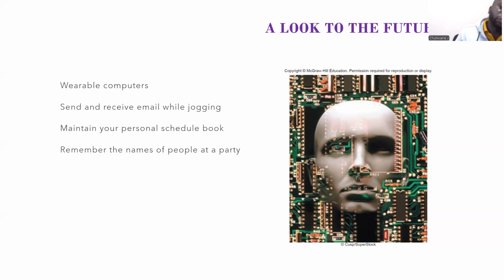You don't need to sit for you to type your email, but you can do that while doing your jogging exercise. Okay, you can maintain your computer schedule book, and remember the names of the people at a party. That is what the computer can do for you. You don't need to do your counting again. The computer can do that for you, being able to remember the names of the people at the party.